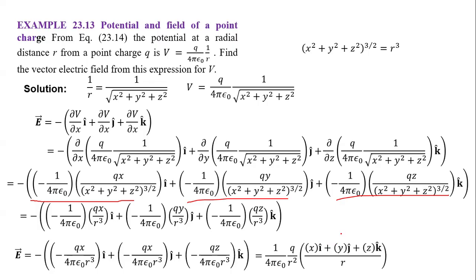If you look at this one, this is just the vector r, so the vector r over the magnitude of the vector r is just equal to the unit vector r hat. So the electric field is just equal to 1 over 4 pi epsilon naught times q over r squared times r hat.